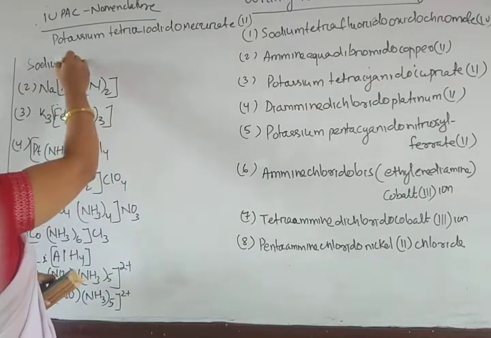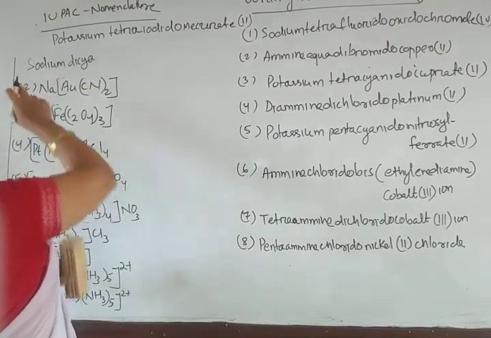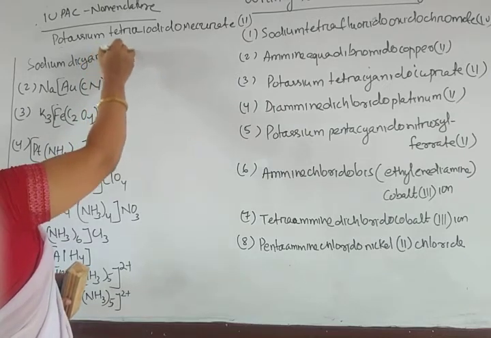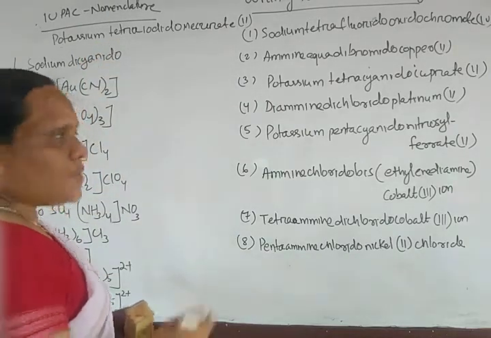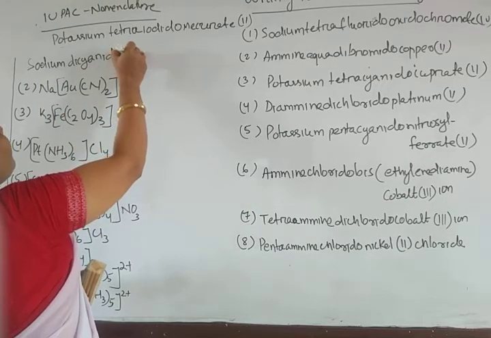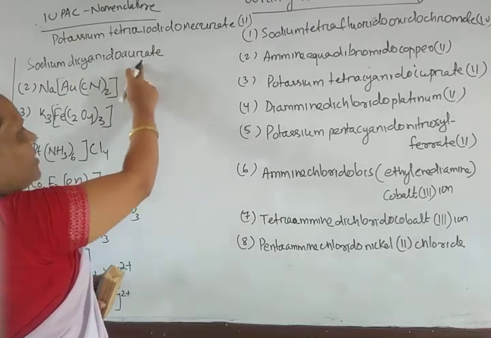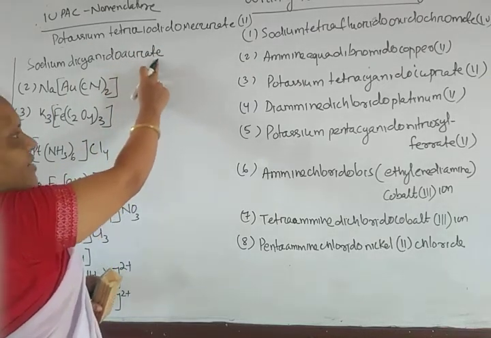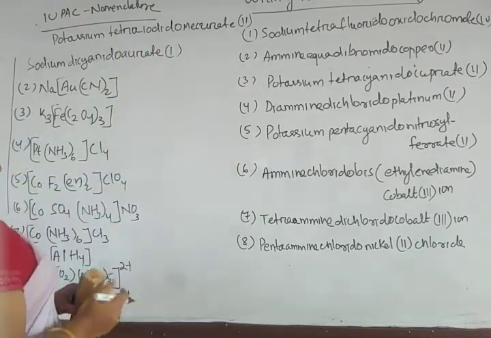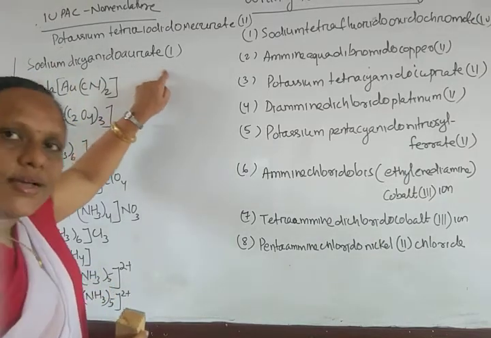So this is sodium dicyanido. Cyanide can also be written as cyano. The Latin name is aurum, so aurate, ending with ate. The oxidation number is +1. So the name of this compound is sodium dicyanidoaurate(I).